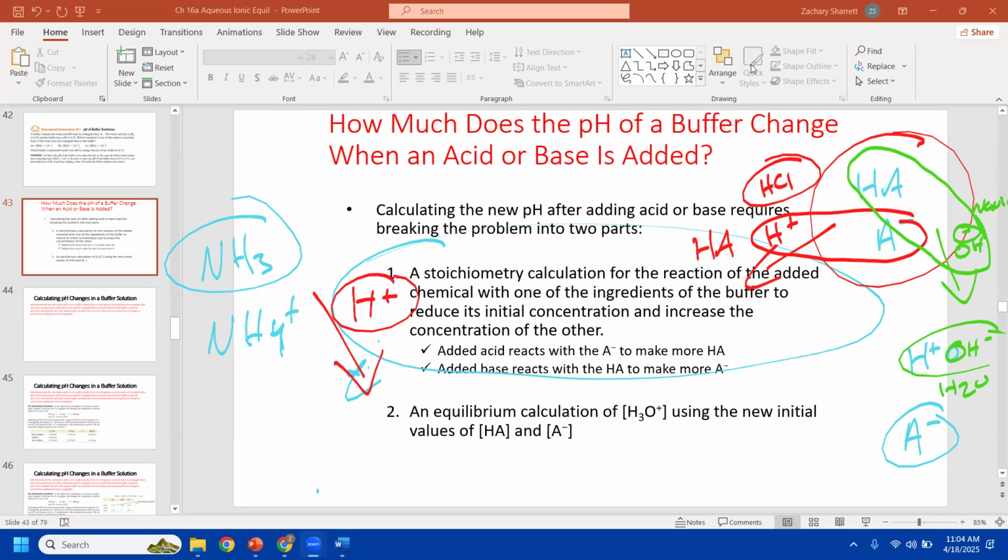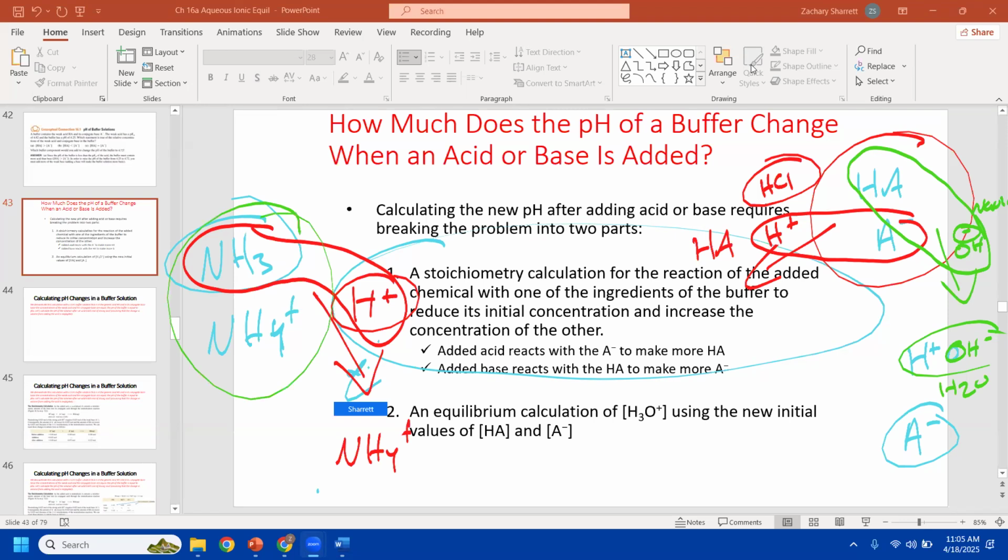Does everybody see that this NH3 here is a weak base? It grabs this H plus to generate more NH4 plus, right? It makes the conjugate acid. Instead of straight adding H plus to a solution that would severely drop the pH, we're making that H plus into the conjugate acid of a weak base, and therefore we have a minimal drop in pH, right?